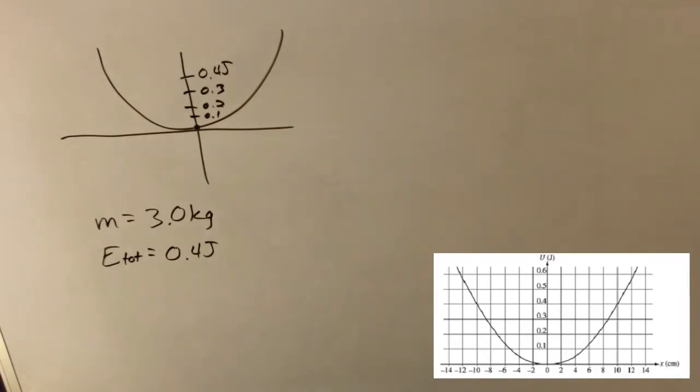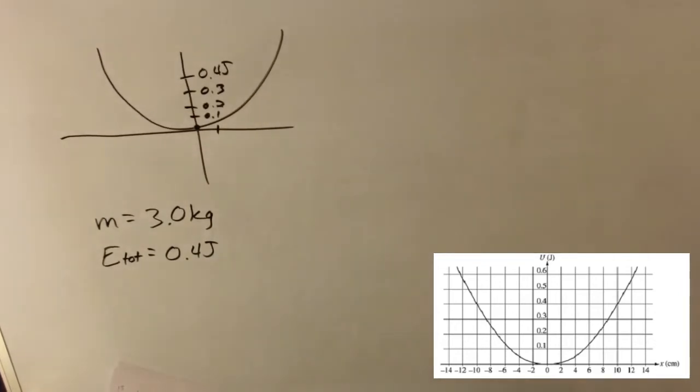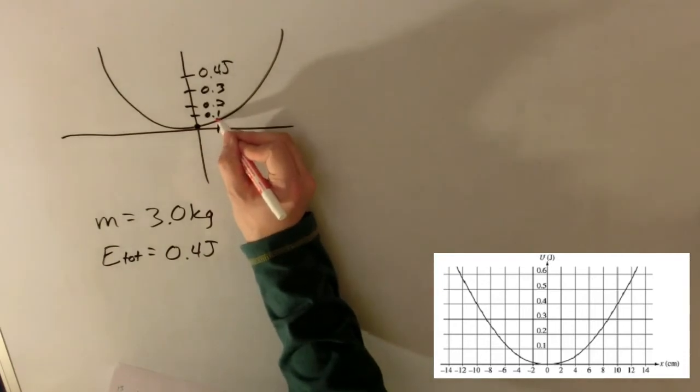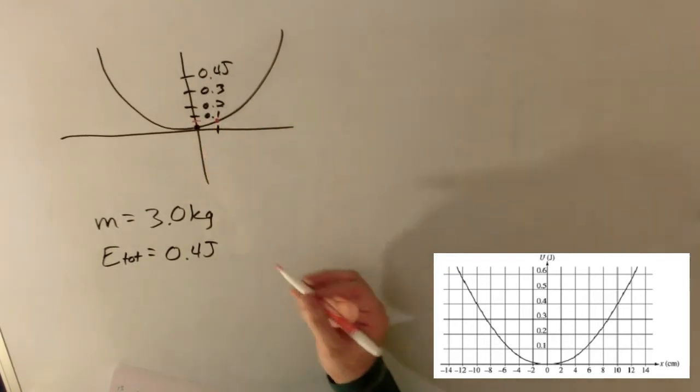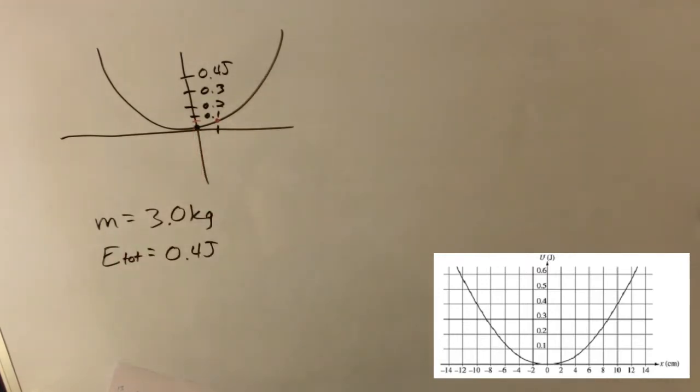Okay, now, first question is, what's the object's potential energy when it reaches a displacement of 4 centimeters from the equilibrium position? Well, 4 centimeters happens about here, which puts us pretty close to in between 0 and 0.1.